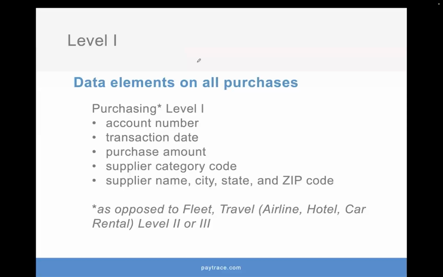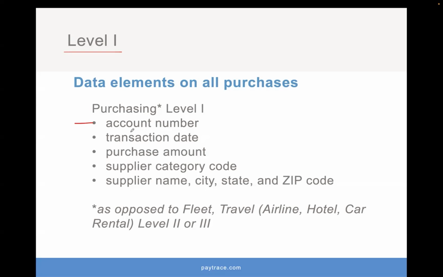So to start with, let's talk about level 1 data. Level 1 occurs on every single card transaction. Doesn't matter if it's B2B, B2C, who the merchant is. Every single card transaction contains some pretty simple data elements, right? And it's not very difficult.